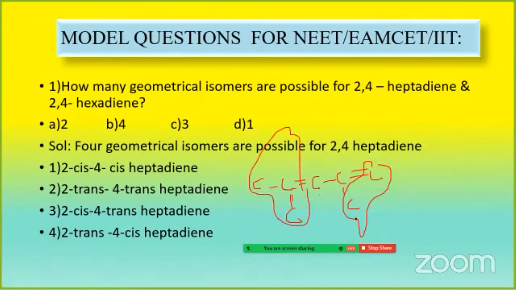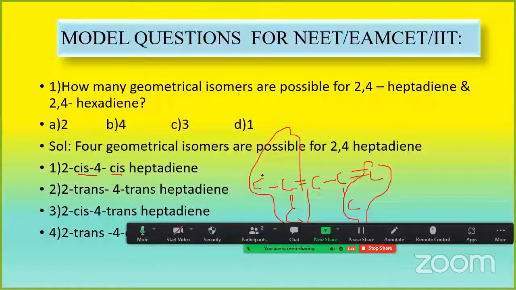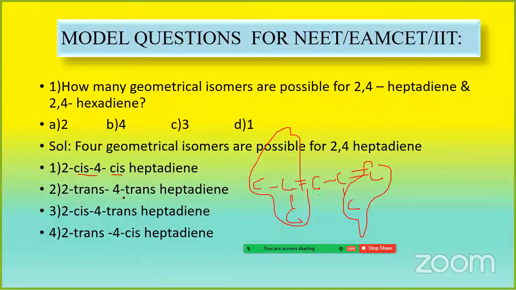Here also 2 methyl groups are present, meaning cis, on the same side. Then you interchange towards the opposite side, and you will get trans. Then one cis and one trans, and one trans and one cis. In that way you will get the number of geometrical isomers as 4.